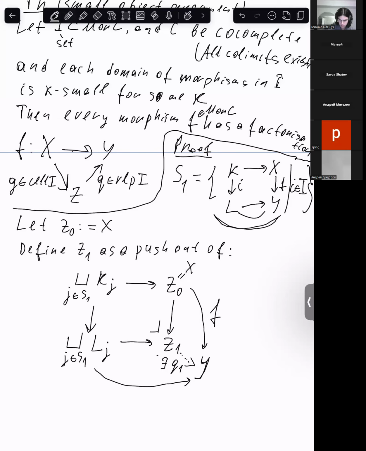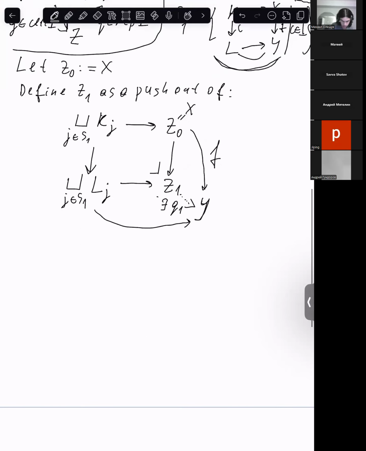The next step is to iterate this process. We can define Z alpha for every ordinal alpha, and to get alpha plus 1 we do the same process.